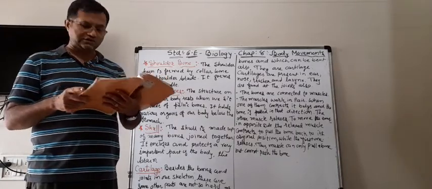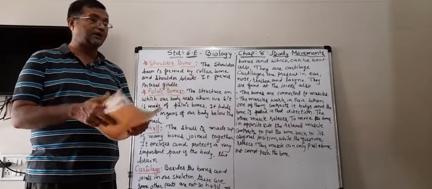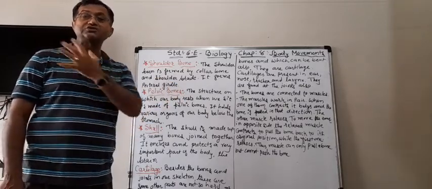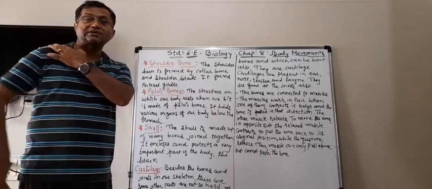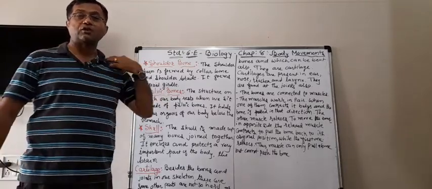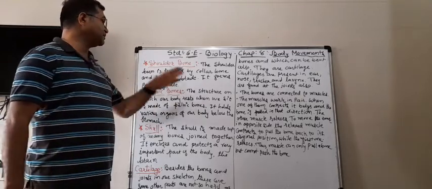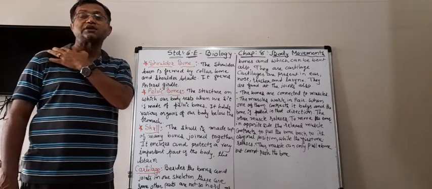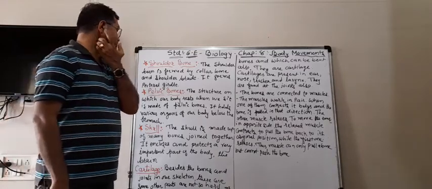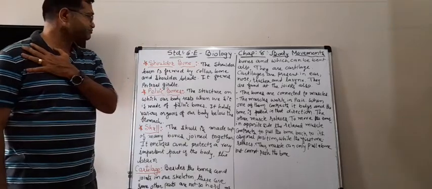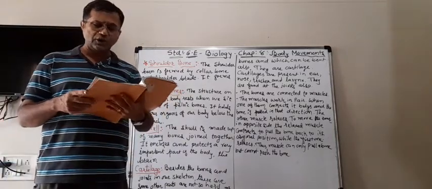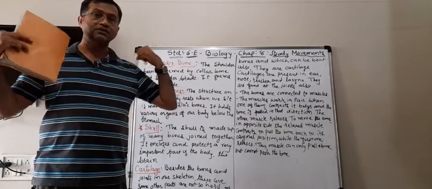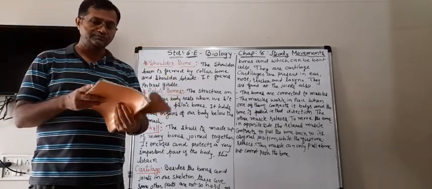They connect here and make our shoulder on both sides, and it is also known as the pectoral girdle. The whole thing together is called the pectoral girdle. So the shoulder bones are very important for us. They make our chest proper.